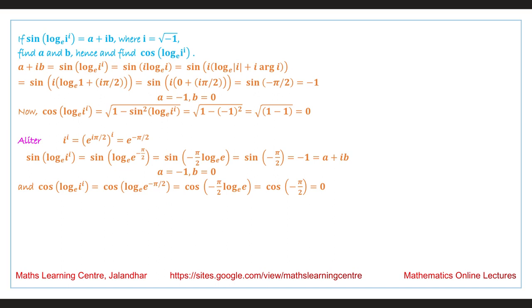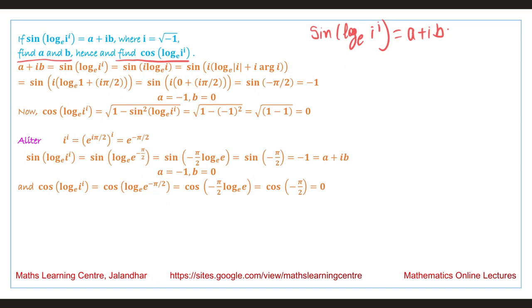Next, it is given that sine of log base e of iota raised to the power iota is equal to a plus iota b. We have to find the values of a and b, and we have to find the value of cos of log of iota raised to power iota, to the base e.